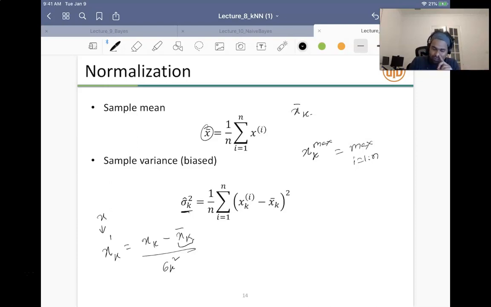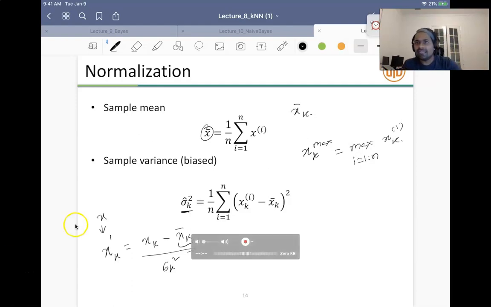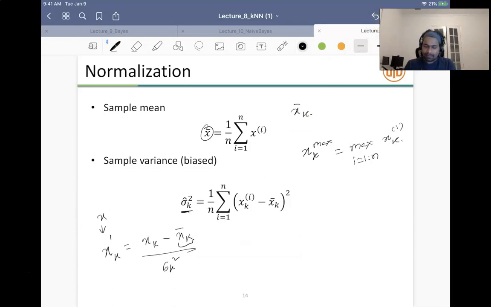Similarly, I compute x k min to be the min over i from 1 to n of x i k. Then I apply what is called the min-max normalization.